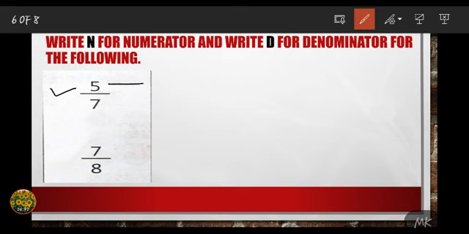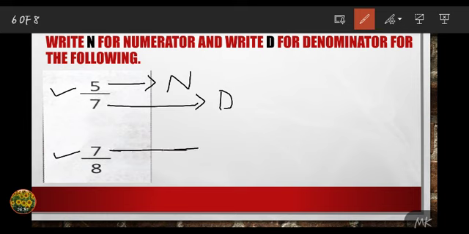Now 5 is the numerator and 7 is the denominator in this fraction. Let's take the next example. In this 7 is numerator and 8 is denominator. Okay.